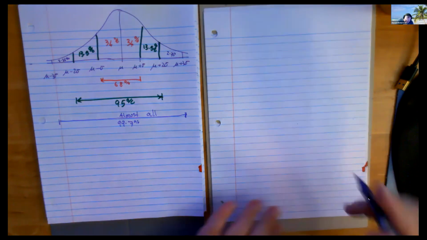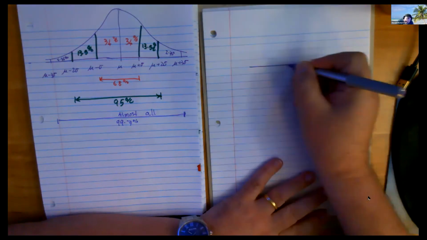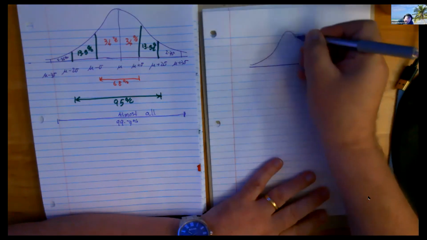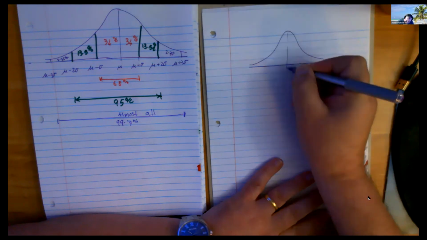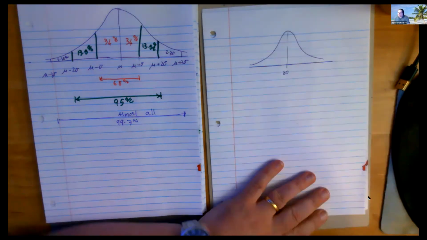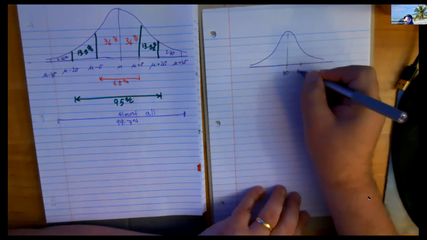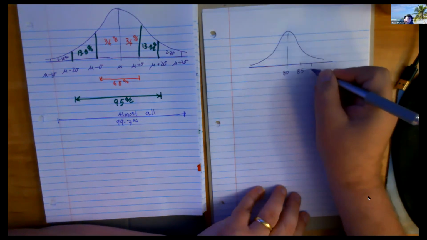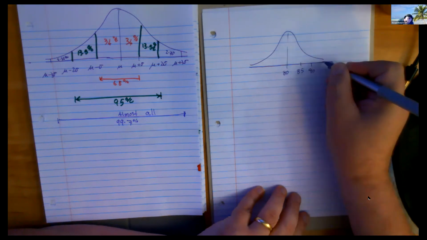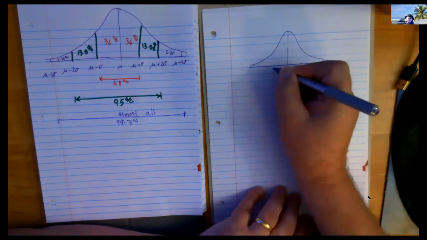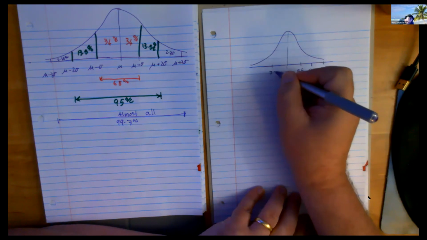Let me imagine that we did a question where there was a test and the average score was 80 and the standard deviation, well, I'm not telling you it yet, but you're going to be able to tell me what it is.